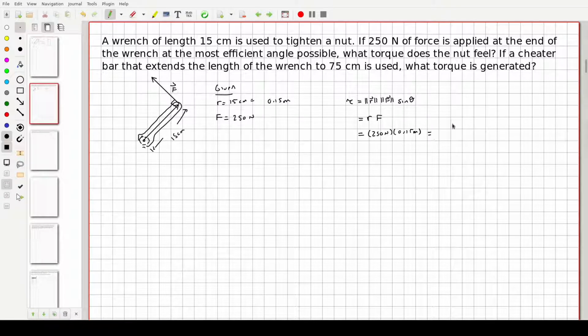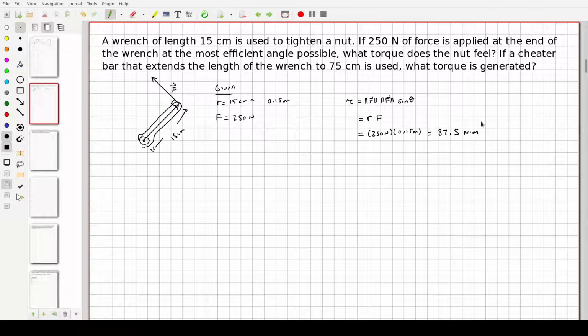Now, if you do the math here, it's 250 times 0.15, or 37 and a half. 37 and a half Newton meters.